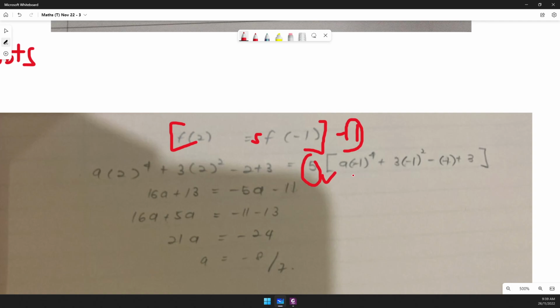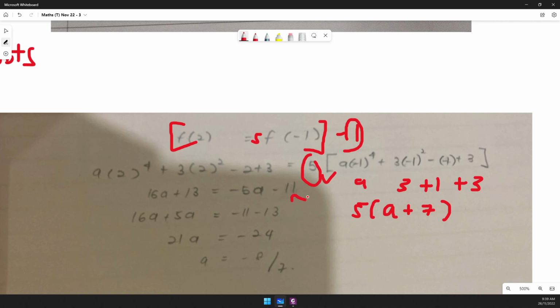Okay, 5a. This one is 4, so we confirm get a. This one you get 3. This one you get plus 1. This one you get plus 1. Plus 3. So in total you should have 5a plus 7. Here you got 5a minus 11.